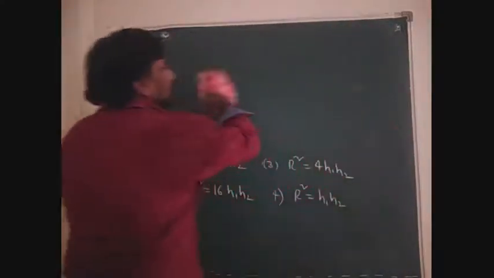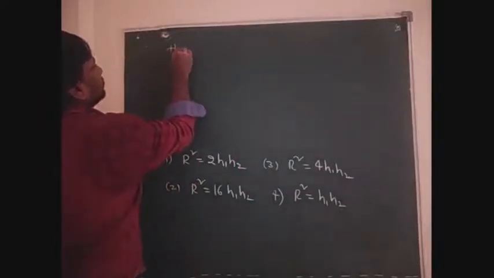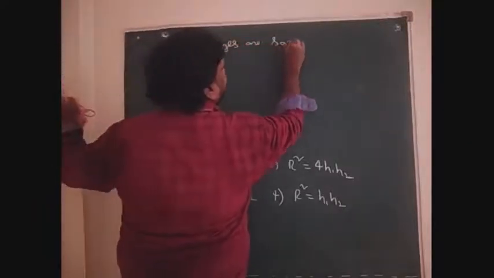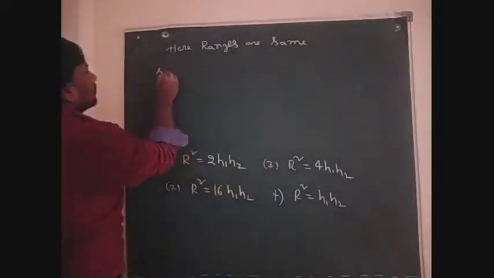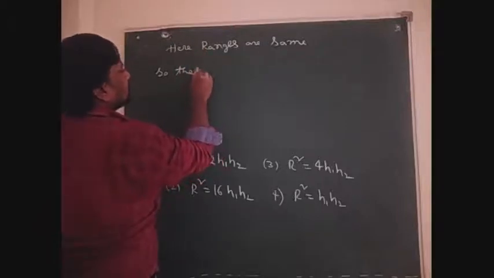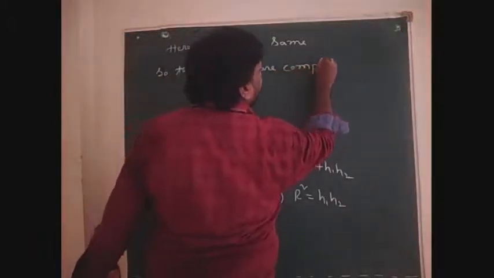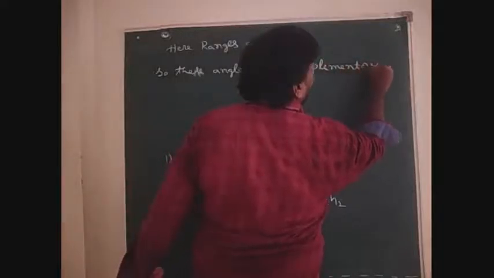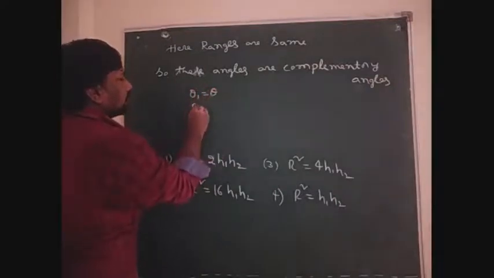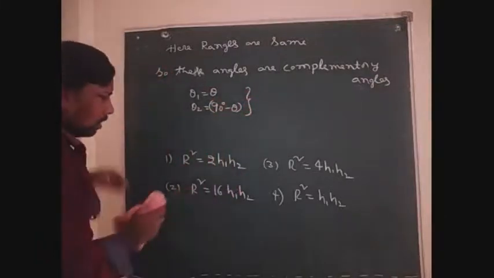This question was asked in 2019 JEE Mains. So here theta 1 equal to theta, and theta 2 equal to 90 minus theta. So these are the complementary angles.